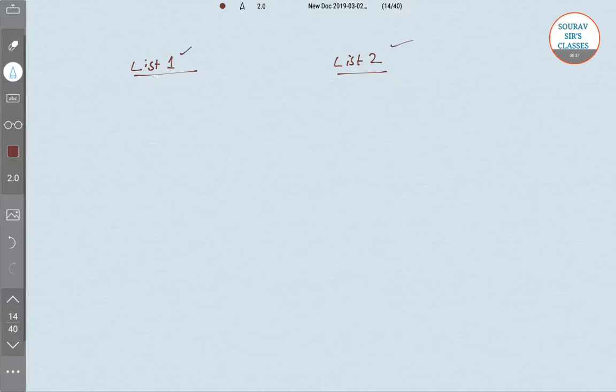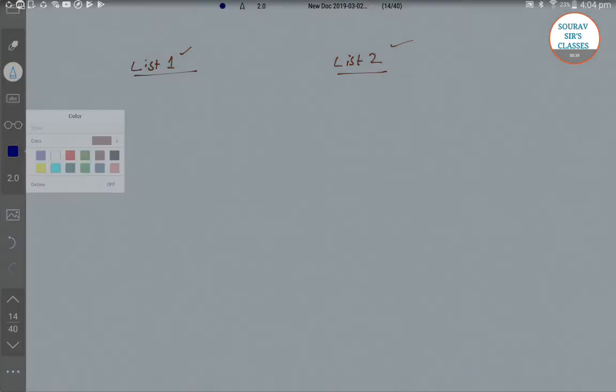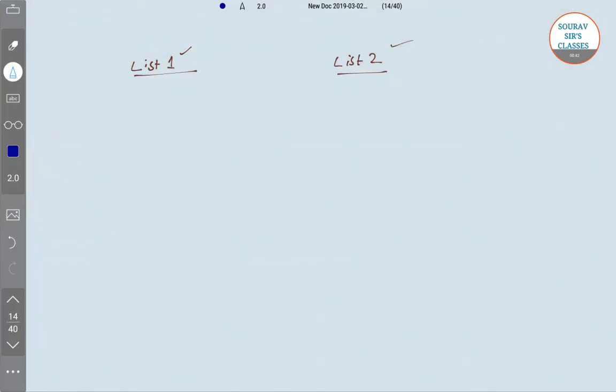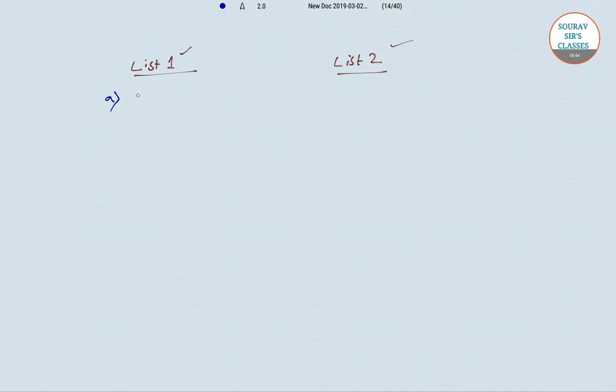So what I'll do is I'll simply write down the names. In list 1, first, A is given as profit as a dynamic process. Option B is given as profit as a reward for innovation.